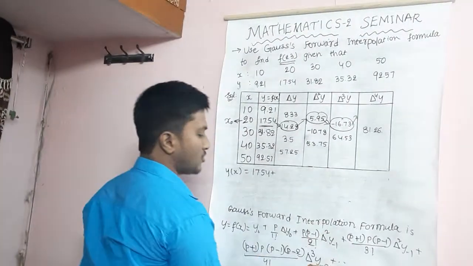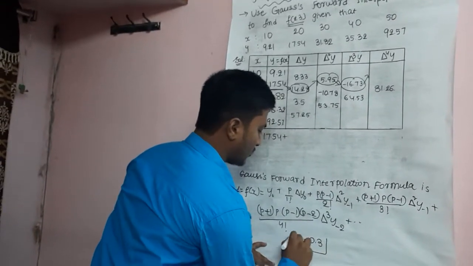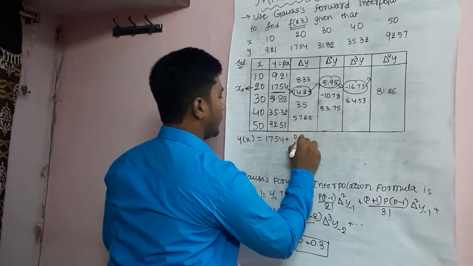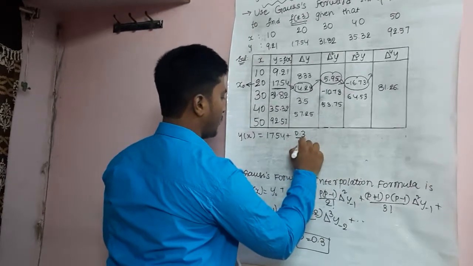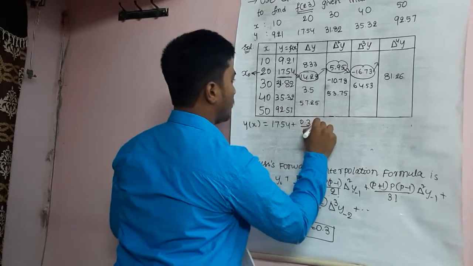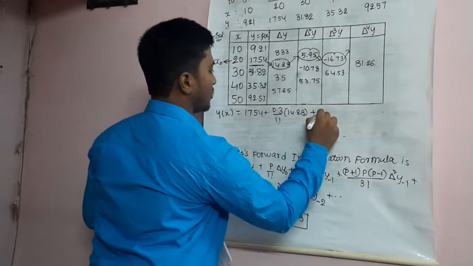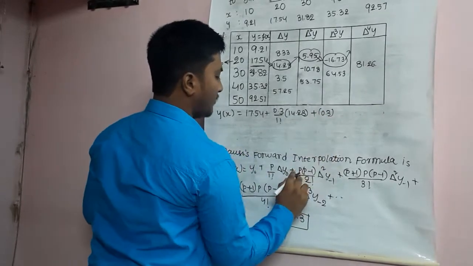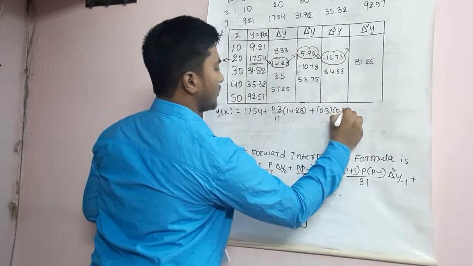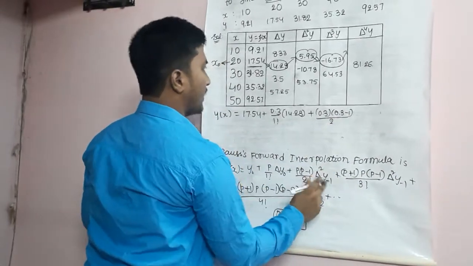What is p? Already I told that p is equal to 0.3. So 0.3 by 1 factorial into delta y naught. So this is delta y naught, 14.28, plus p 0.3 into p minus 1, 0.3 minus 1, by 2 factorial, it is 2, into delta square y suffix minus 1.